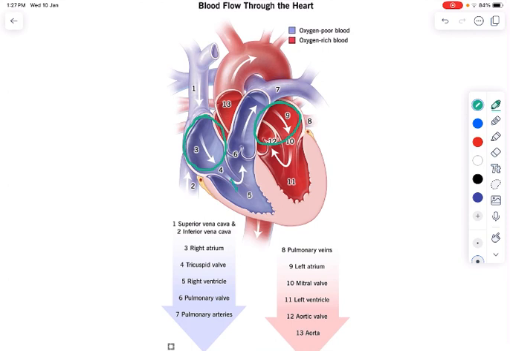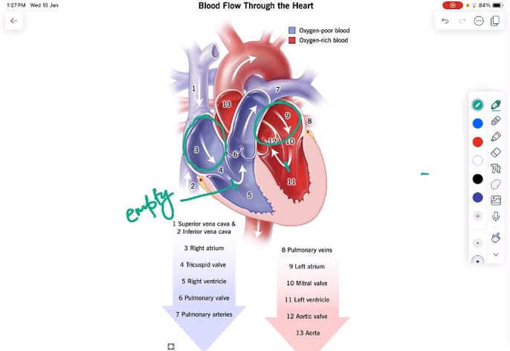The ventricles will be relaxing, or you can say dilated, because there is no blood in them; they are empty at this time. Therefore the blood from the atria passes into the ventricles easily.